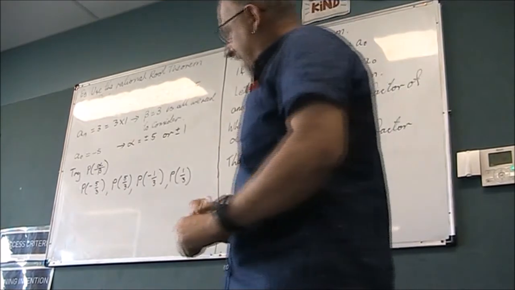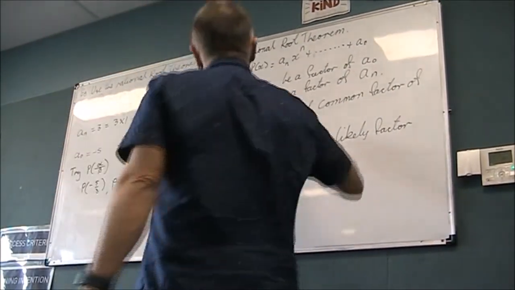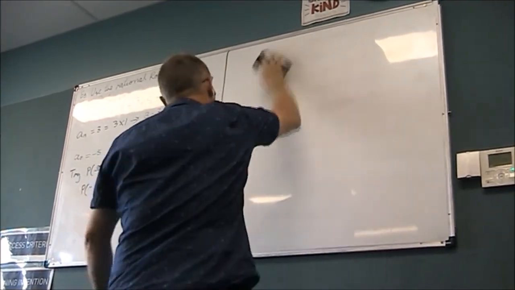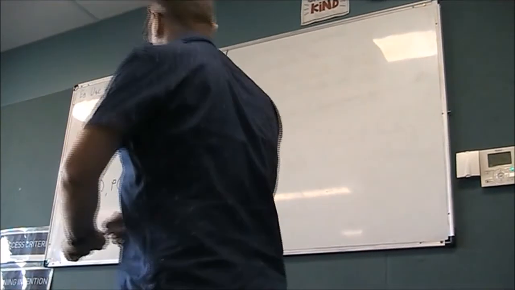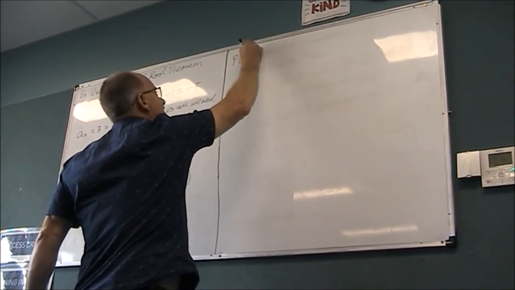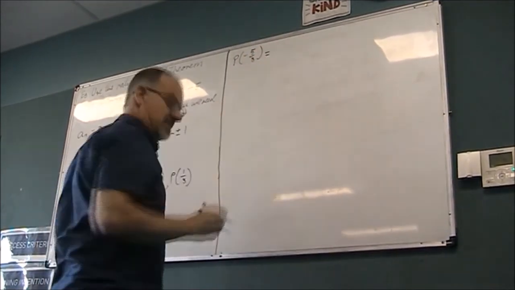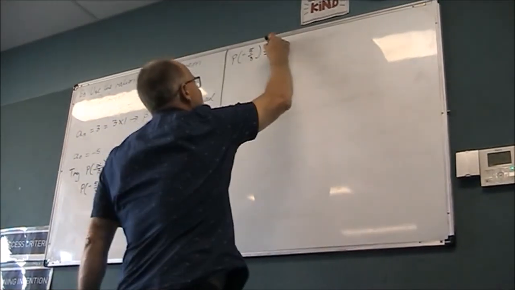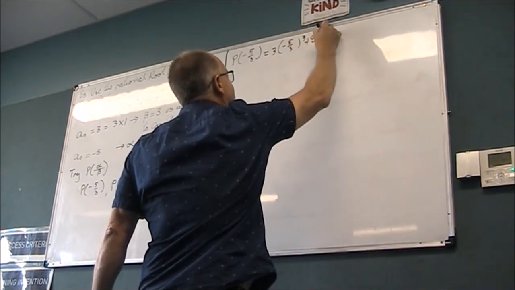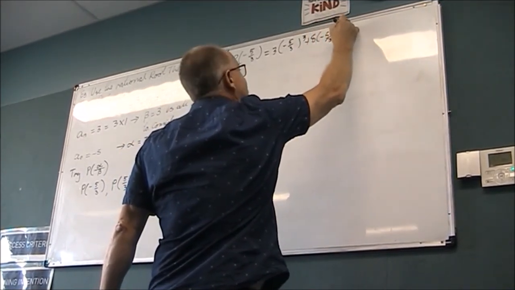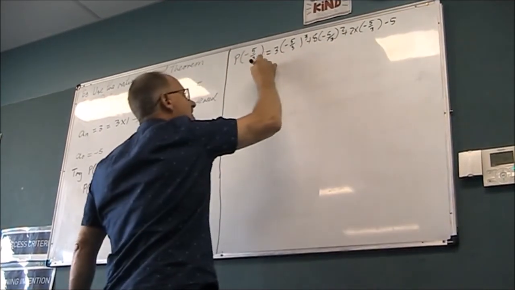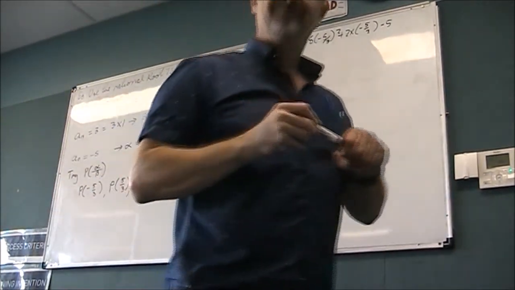Because I've done this earlier, I know that when I try the first one, P of -5/3, when I do that, I get 0.